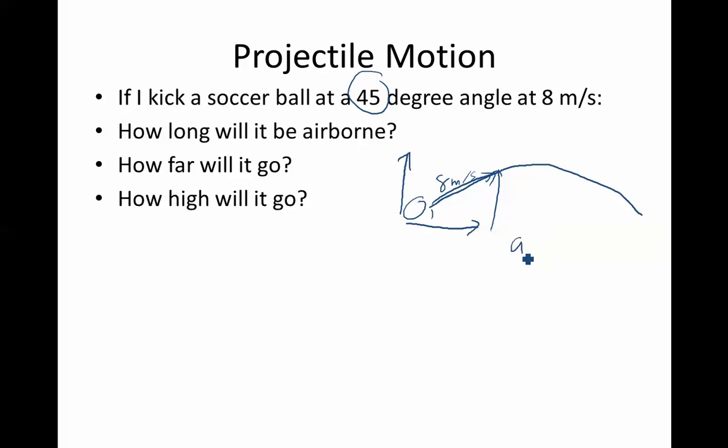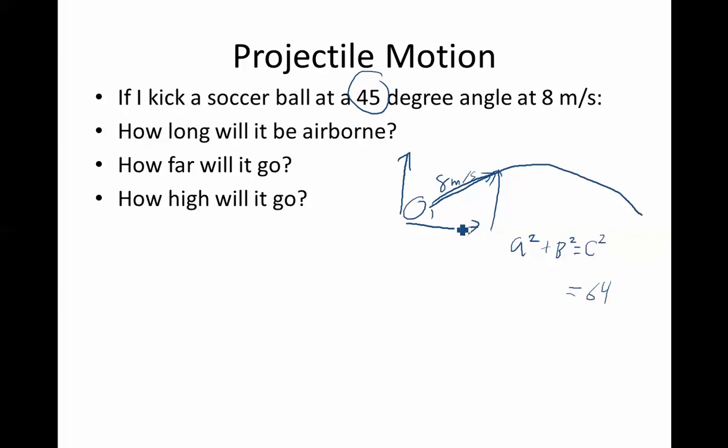We're going to use a squared plus b squared equals c squared. We're going to use the Pythagorean theorem. The only one of these that we know is c. C is going to be that 8 meters per second, so c squared is going to be 64. But if it's a 45-degree angle, A and B are going to be exactly the same.